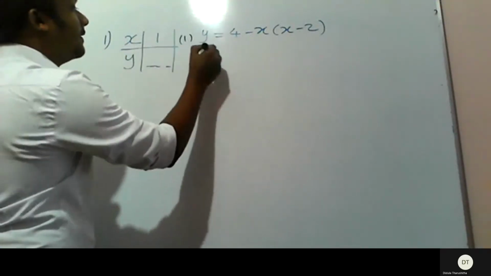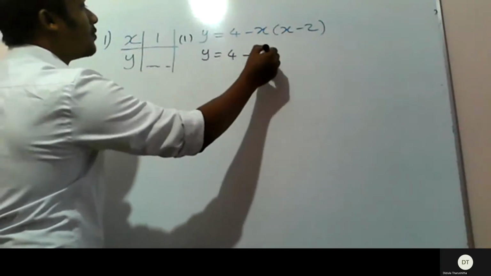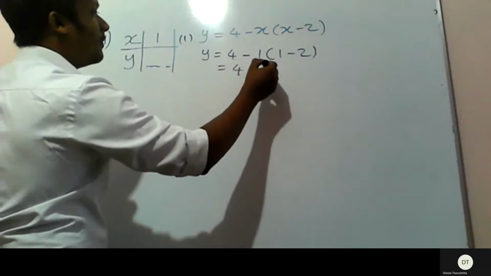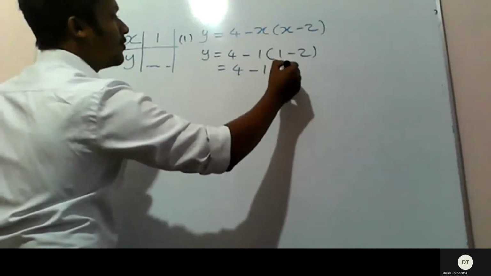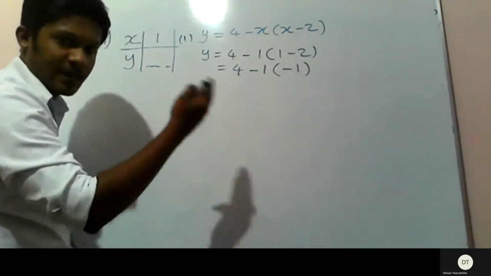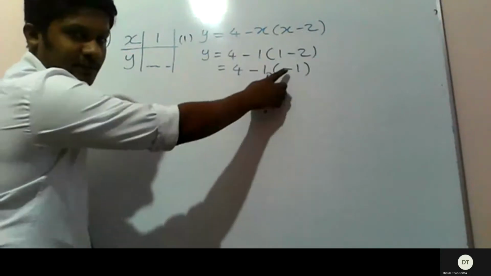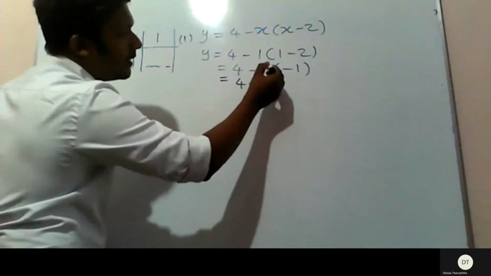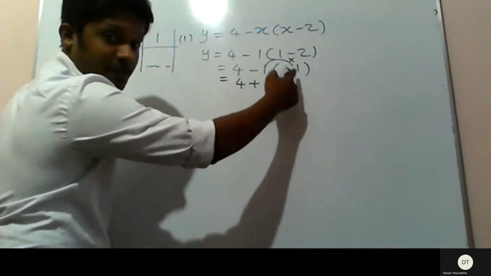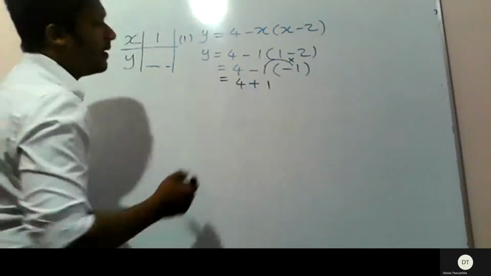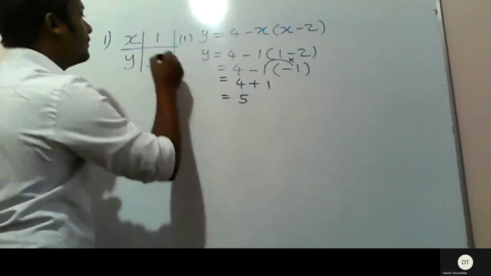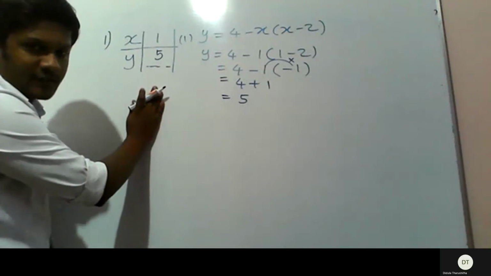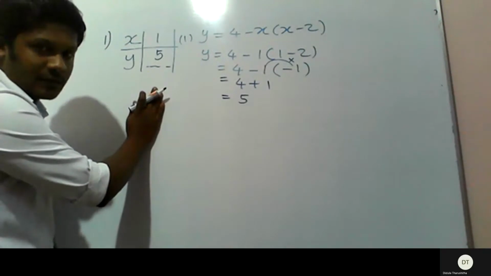Then y equals (4 minus 1) into (1 minus 2), which is 3 into minus 1. Now 4 plus 1, minus into minus gives plus, so the answer is 5. The first question answer is 5.